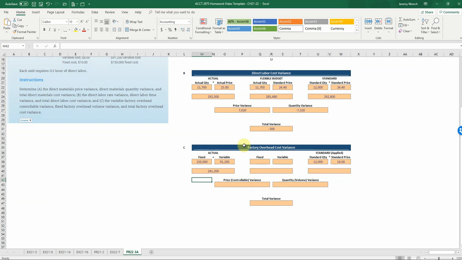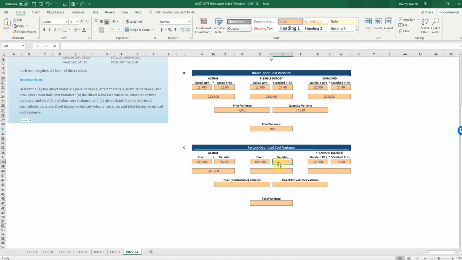And so then for our flex budget, we're going to have our fixed cost of 150,000. And then we want our total variable standard cost.